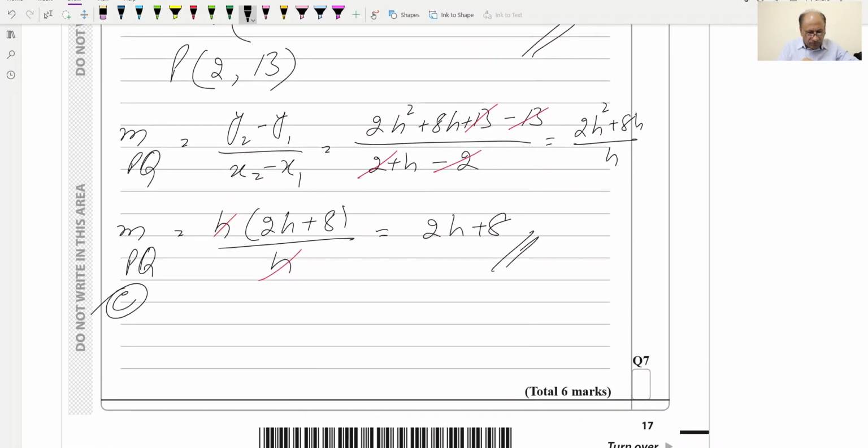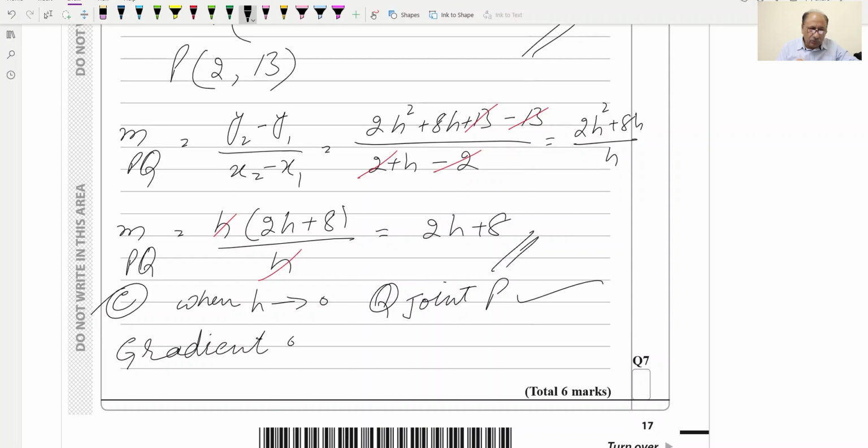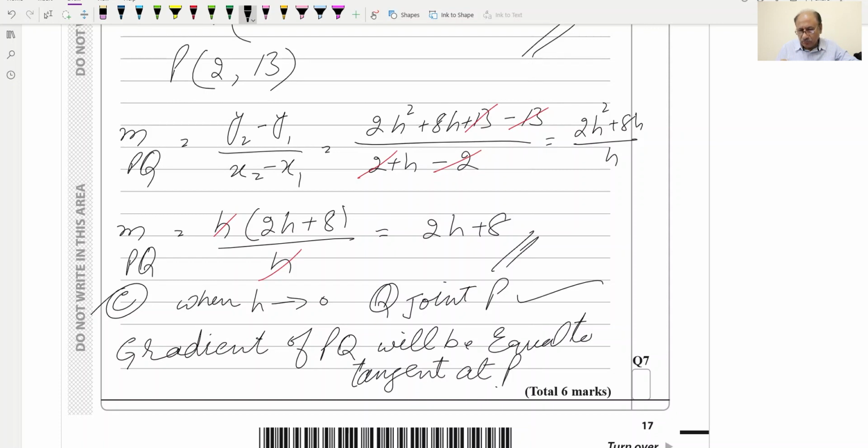We can write: when h tends to 0, Q joins P. Or we can write the gradient of PQ line will be equal to the tangent at P. So we can provide this answer, and this is only a 1 mark part which we are done.